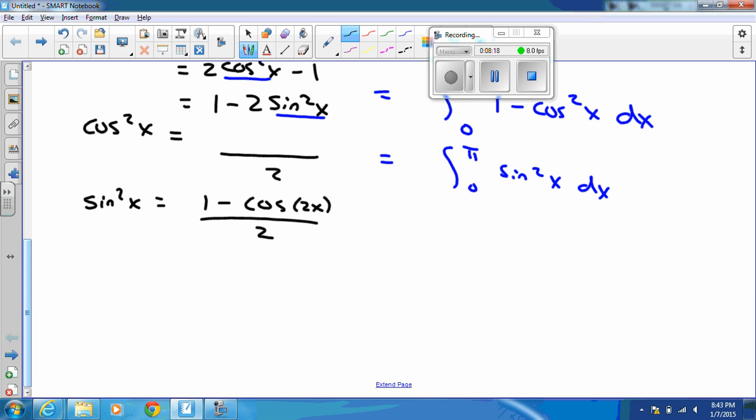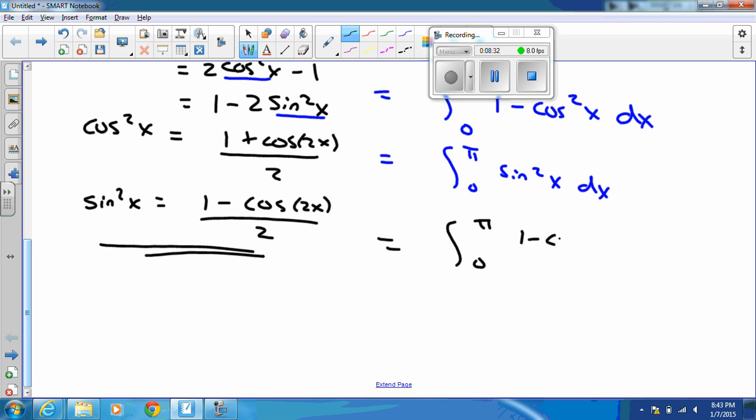For reasons of symmetry, it kind of makes sense to rewrite this as 1 plus cosine 2x. So since we have this representation, I can immediately replace sine squared x with what it is, or 1 minus cosine 2x all over 2 dx.